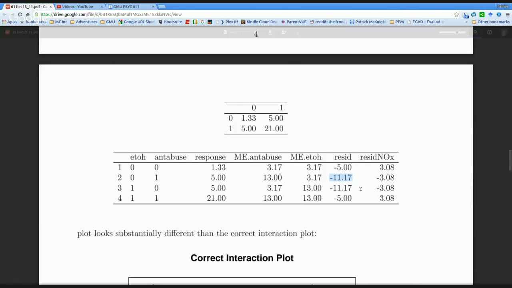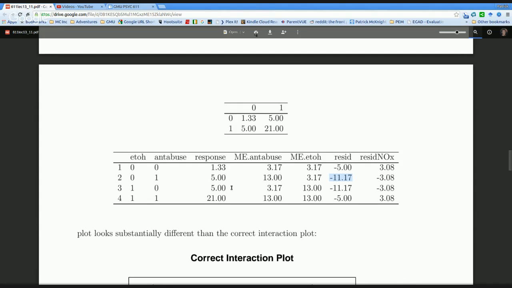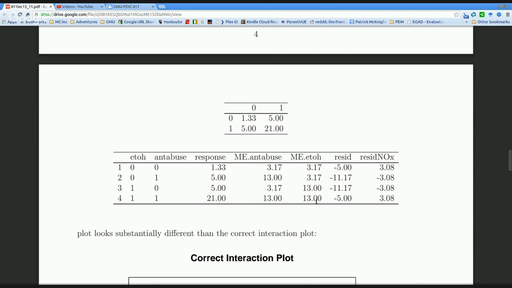So what I'm doing here is walking through how to calculate each one of these columns. Similarly, if you take 5, this is the mean response. These are just the cell means that were calculated up here that I graphed. And what I'm doing is subtracting out the mean effects.